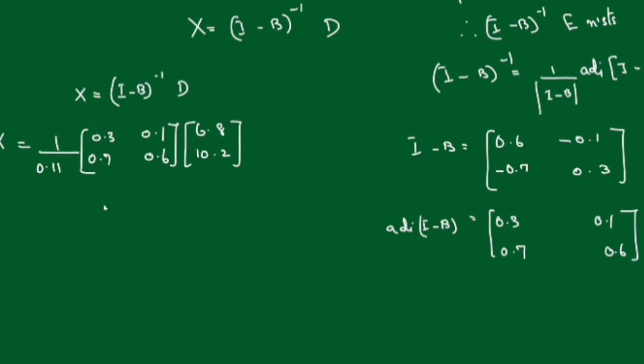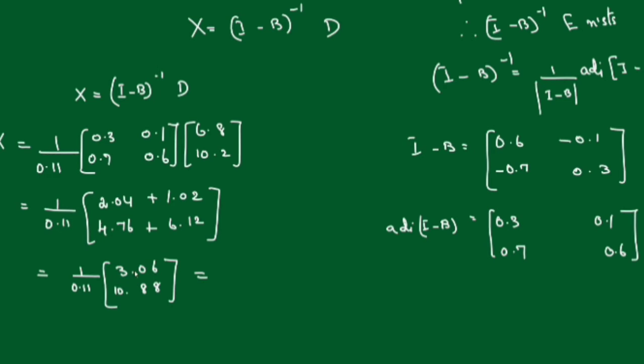So use the calculator. Now add 2.04 and 1.02. Divide 3.06 by 0.11, which gives 27.82. Next, 10.88 by 0.11, approximately this.